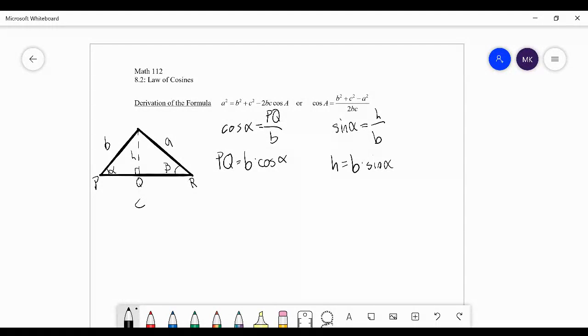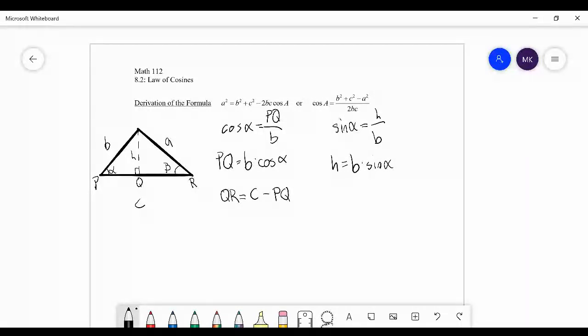Now, the only other thing I want to look into is what is QR? QR is simply equal to C minus PQ.